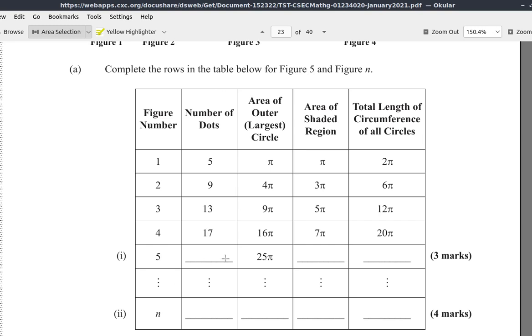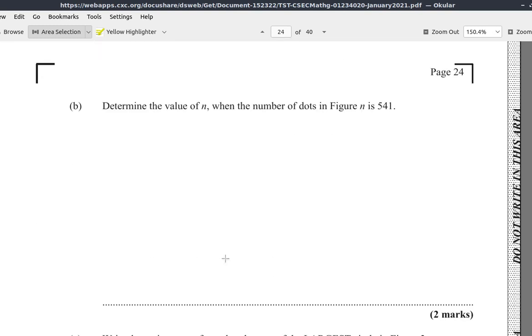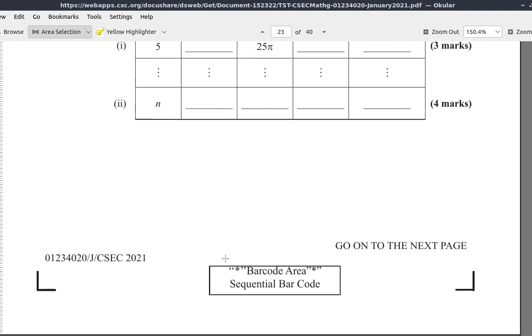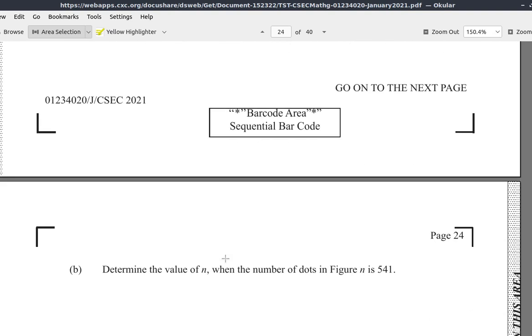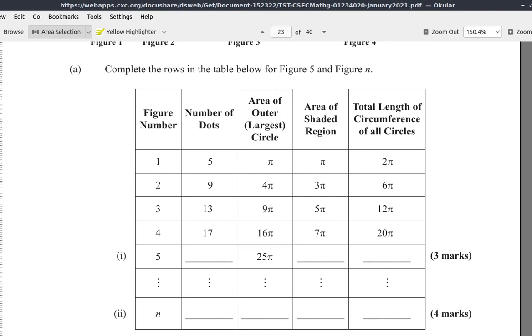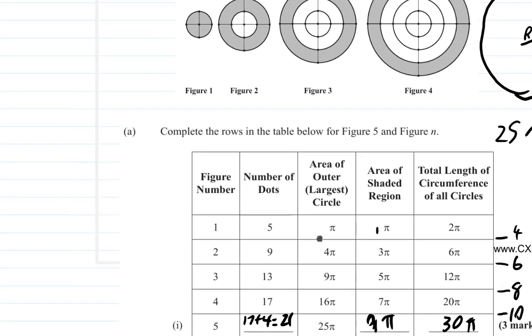Let's see what this one is saying. Determine the value. Oh, we already did this and this. Oh, for n. Determine the value n. Okay, we're supposed to find n. See if we can use a pattern to find it.